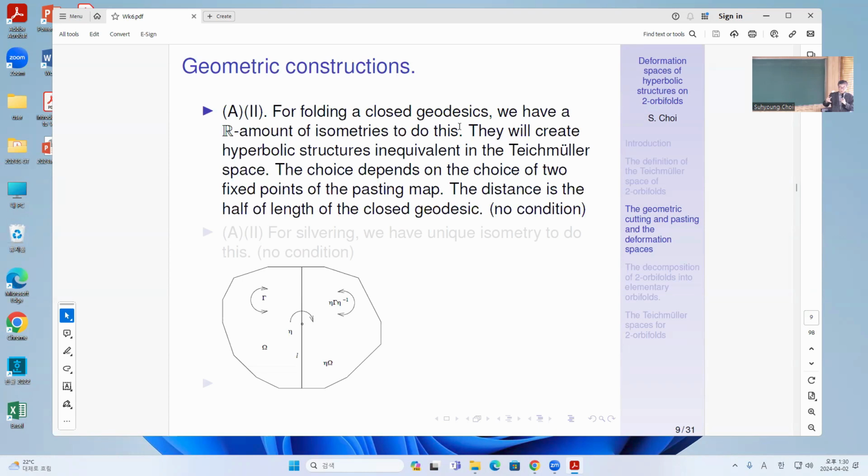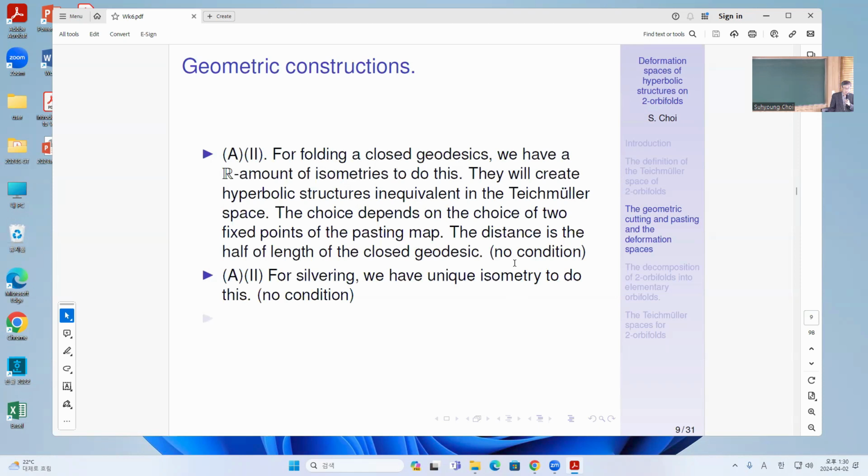For just S1, of course, there's an S1 amount of things you can do, but again, using the homotopy class, you see that if you keep twisting the angles, these two fixed points are all different. So you have to see that. So there's actually an R amount of things you can do.